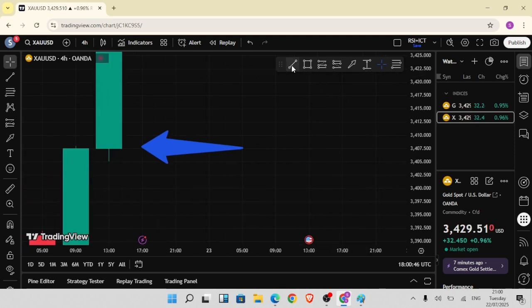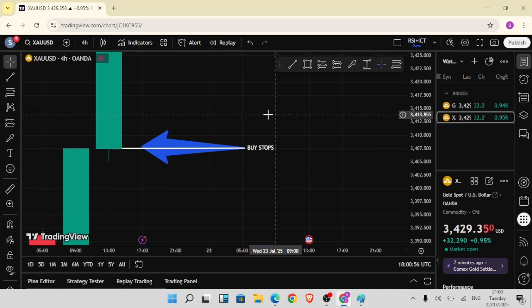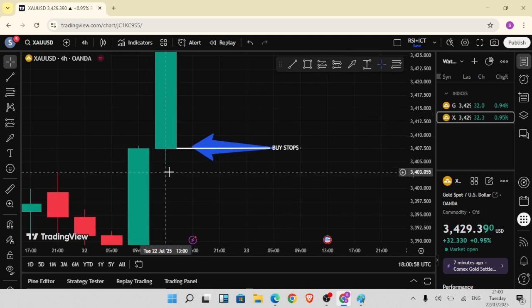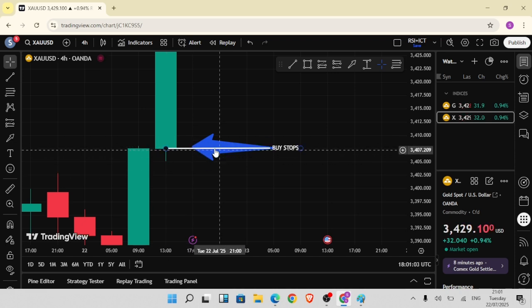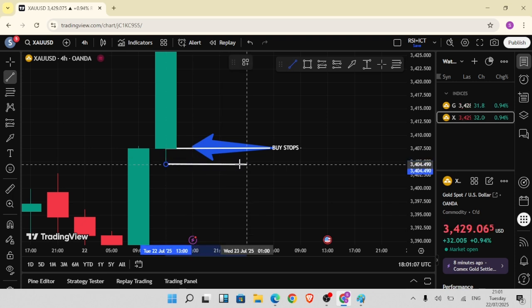If you placed your buy stops at this point, as price is playing lower, and then it comes back and triggers your buy stop, you will introduce a stop loss right here.